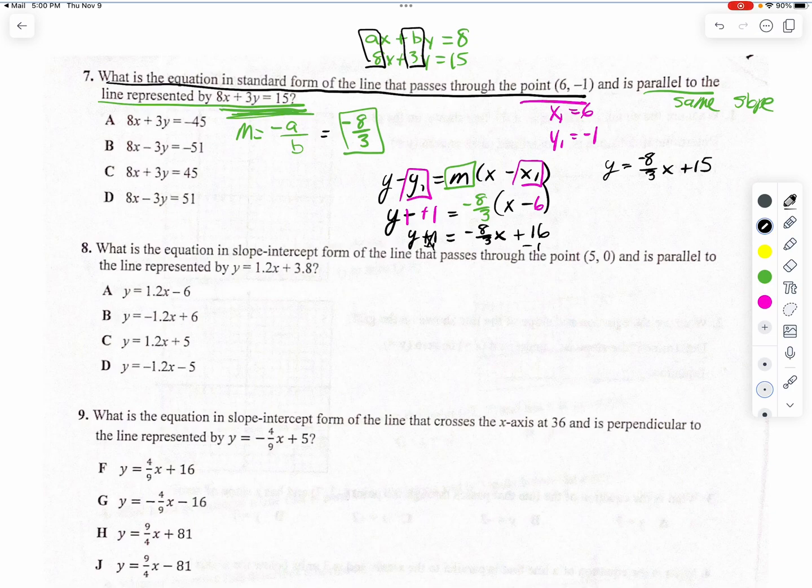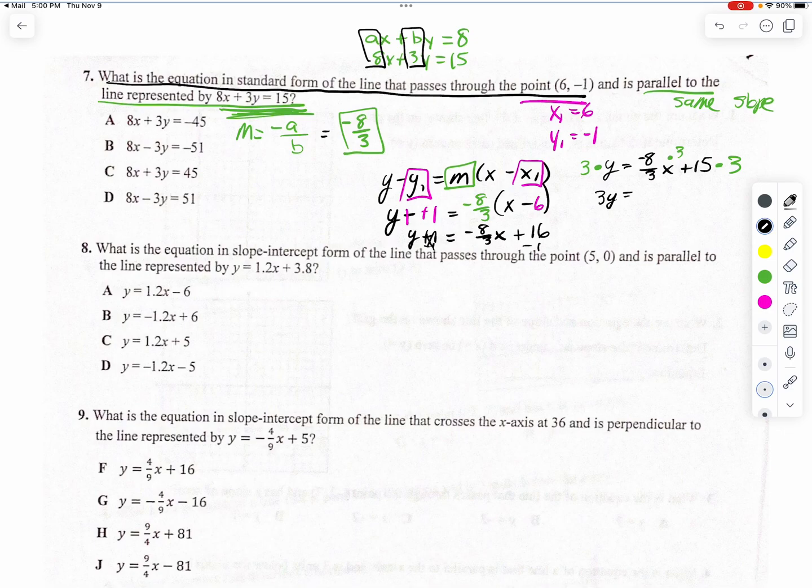We said we wanted it in standard form. Look at how the answer choices are in standard form. So we got a little more work to do here. First thing is we don't need a fraction. So we're going to multiply each one of these terms times the denominator 3 to get rid of the fraction. And you can do this in your calculator. 3 times y is 3y.